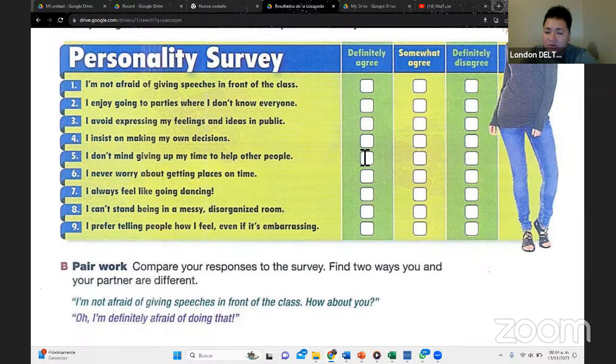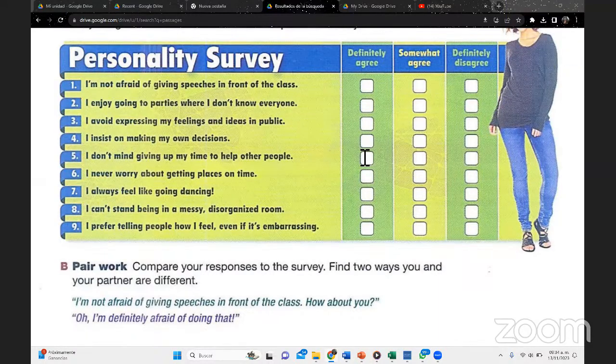Do you somewhat agree or definitely disagree? Somewhat agree.